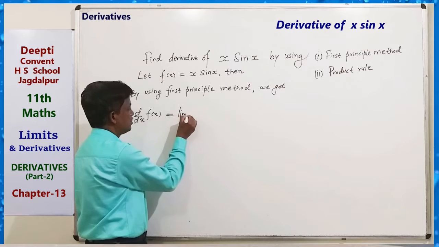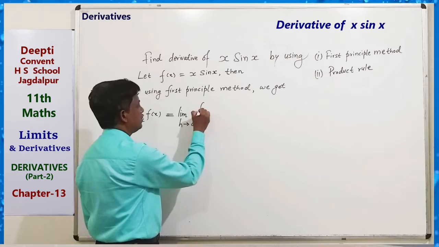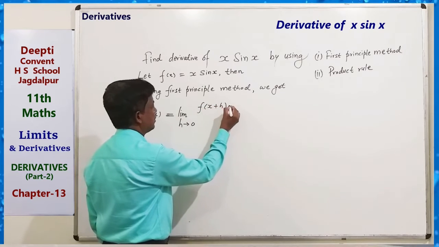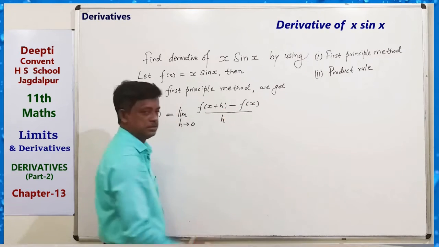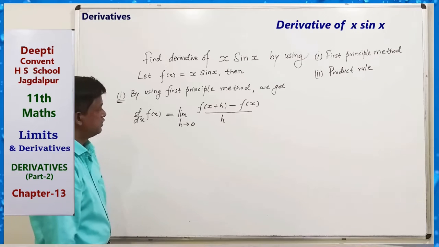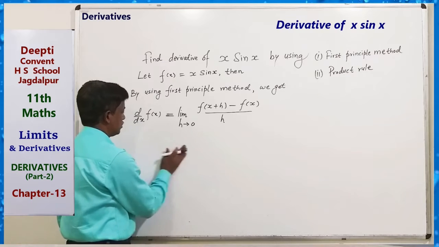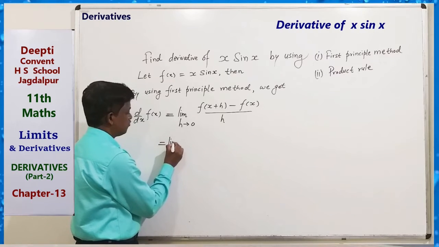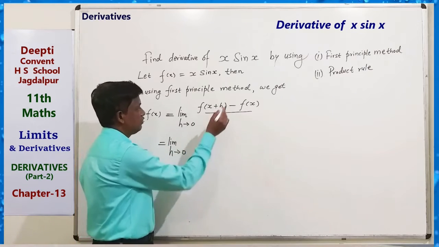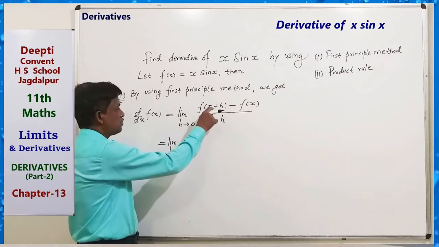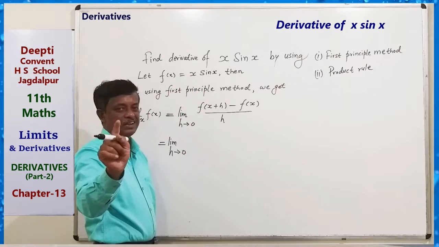So we know the limit as h tends to 0 of f(x plus h) minus f(x) upon h. Clear? So this equals the limit as h tends to 0 of f(x plus h) minus f(x). f(x plus h) means in place of x you just write x plus h.